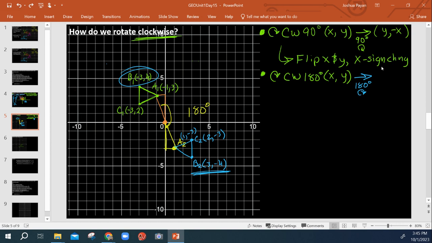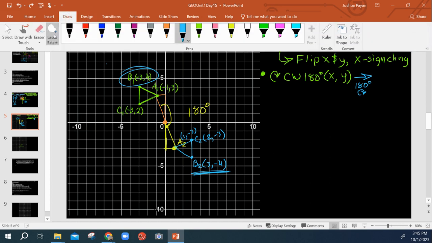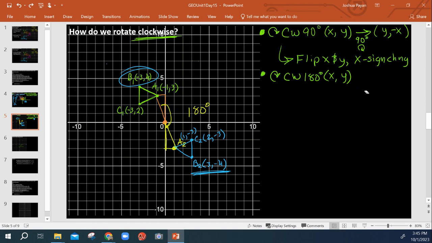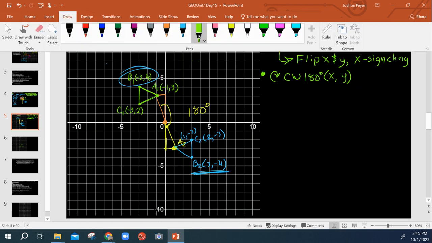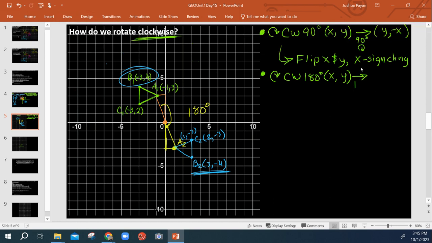So I know that becomes my new rule. When I go to write down my generalization of 180 degrees clockwise, I know X and Y did not flip, but there was a sign change for both.